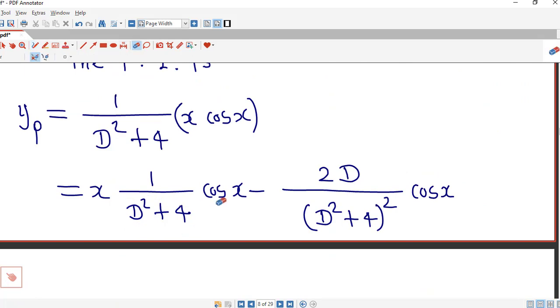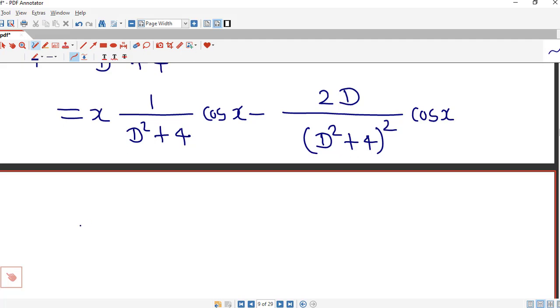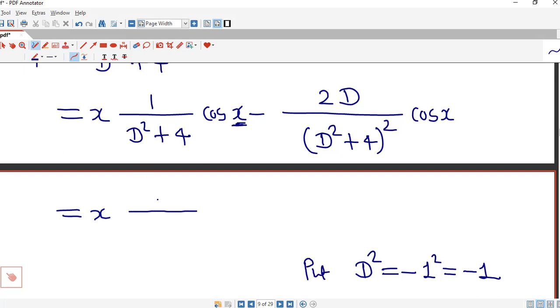So now we simplify all these things. Here we have to consider the coefficient of x is 1, so we have to replace D square by negative of square of 1, that is minus 1. So we put D square equal to minus 1 here.